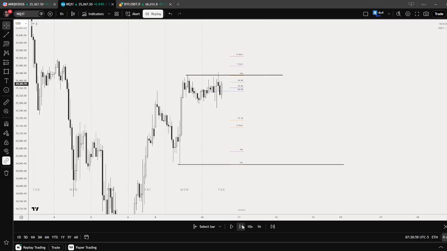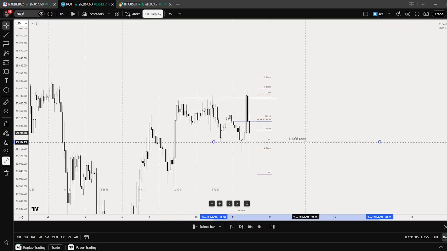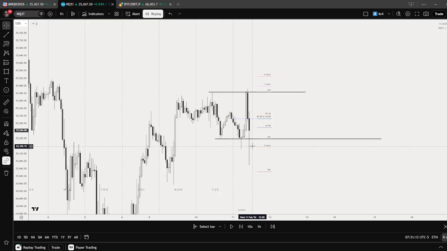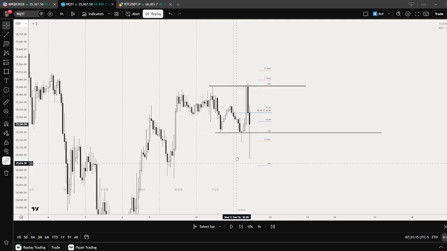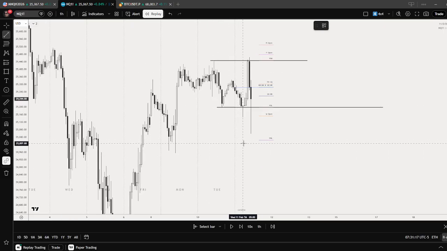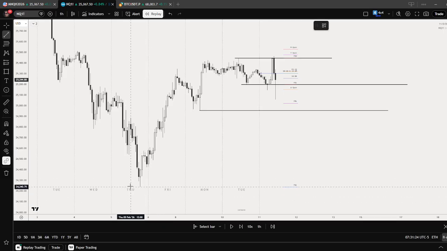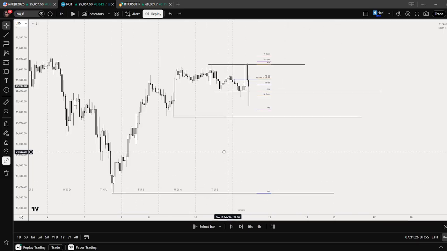Purge and revert. Okay, previous day low was right there, because a new day opened. We swept another previous day high, and we reverted to the previous day low. Now, the previous month low, or the Monday low, or the previous week low can be your target.